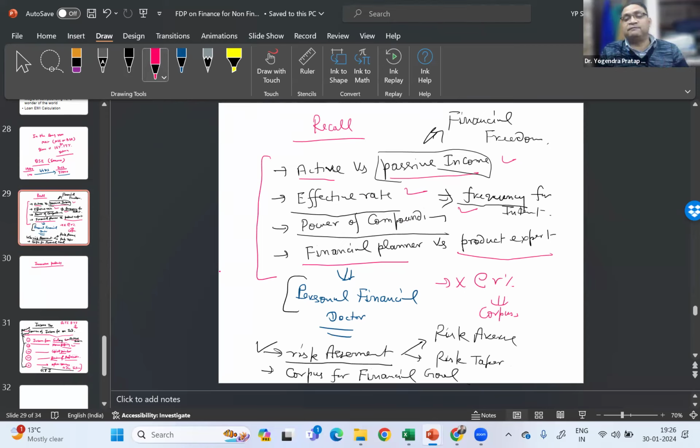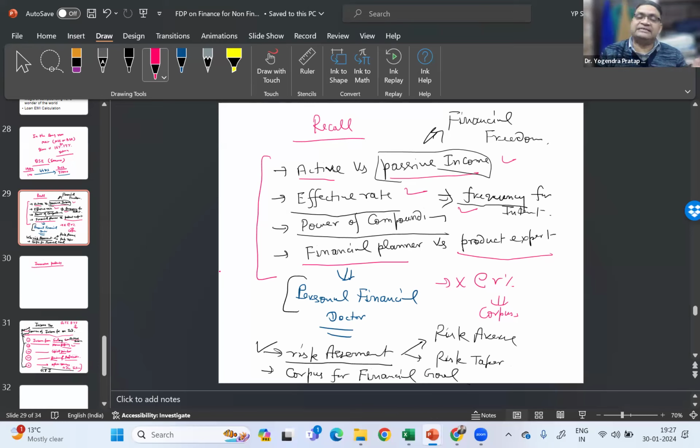Now, after the financial planner has done their role, the product experts come into the picture. Product expert means, suppose you are taking a mutual fund, the mutual fund advisor is the product expert. If you are taking an insurance product, the insurance advisor is the expert. If you are involved in shares, then the share broker is the product expert. So there are different experts for different financial products.